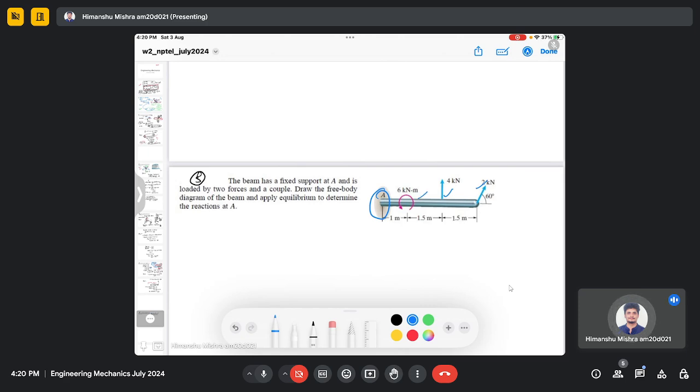Since this beam is constrained at one point, it's fixed at one point, the forces and moments which are acting on the right hand side will create some reaction forces and some moment at the fixed point, and we need to calculate these reactions and this moment at the fixed point.